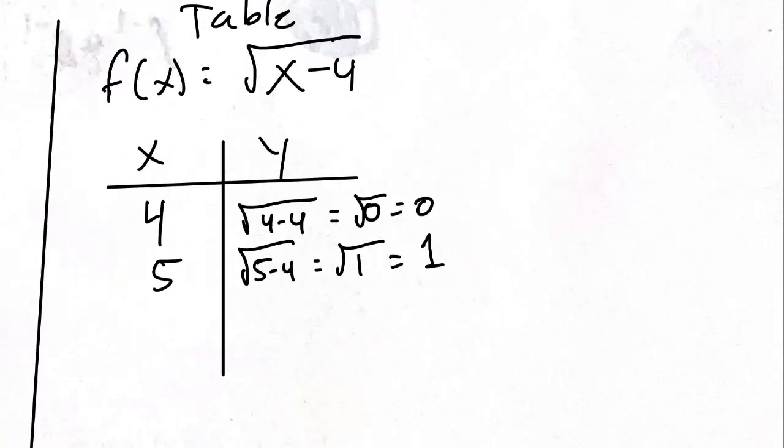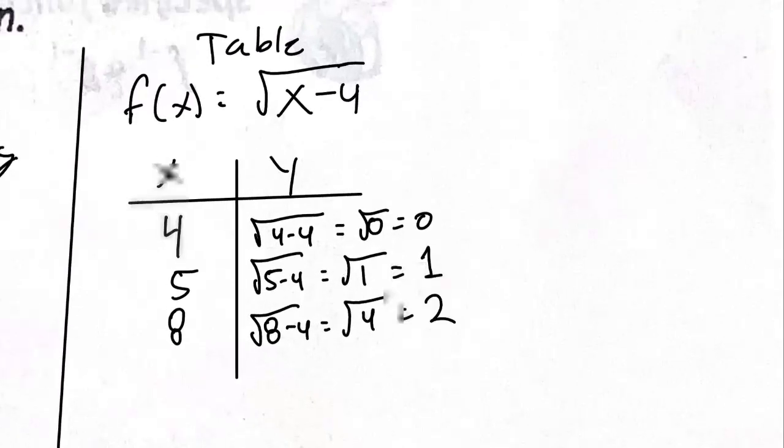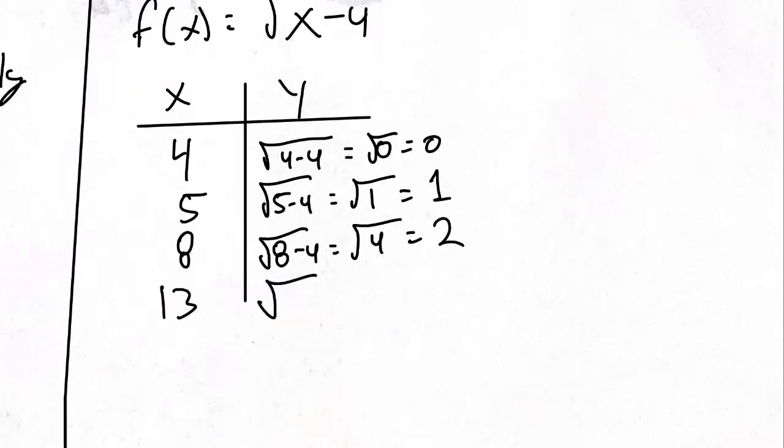And then what should my next one be? 8. Very good. Because when I plug in 8, 8 minus 4 is 4, which you can actually take the square root of, right? All right, one more. What's another coordinate you could put in? 13. 13 minus 4 is equal to 9, and the square root of 9 is 3.